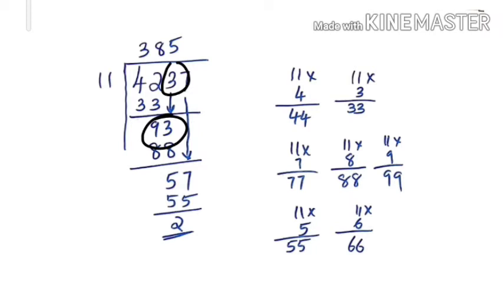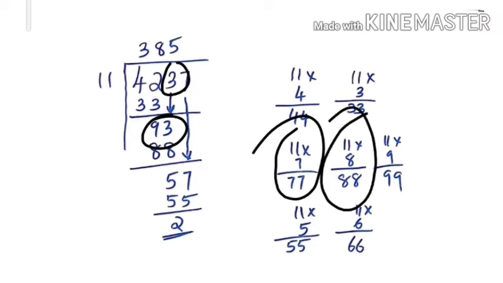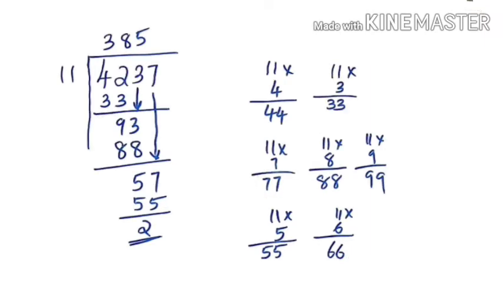Firstly, let us multiply with 7. 11 into 7 is 77. 11 into 8 is 88. 11 into 9 is 99. From these results, we understood that there is no 93 in 11th table.